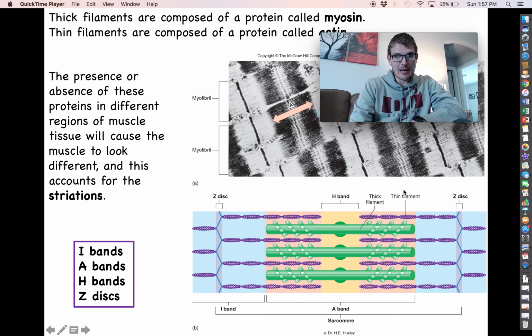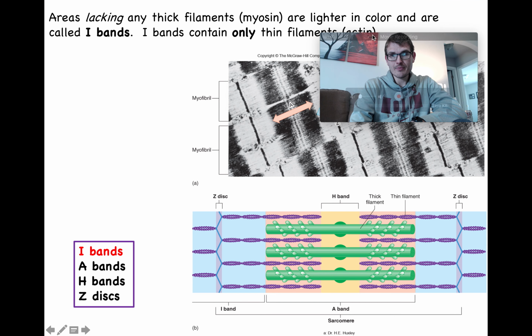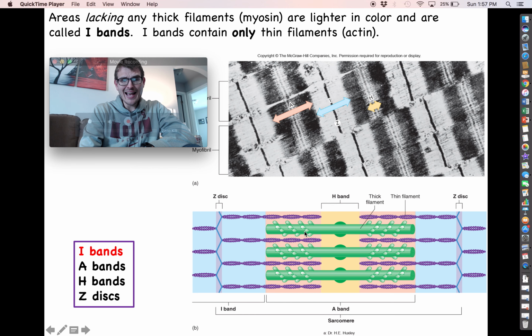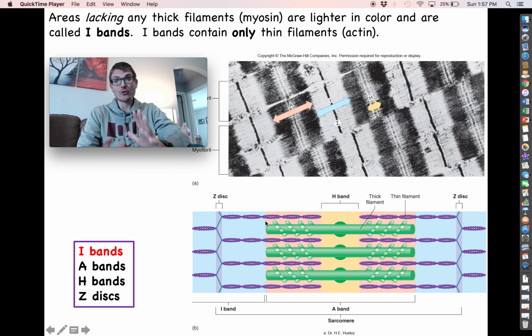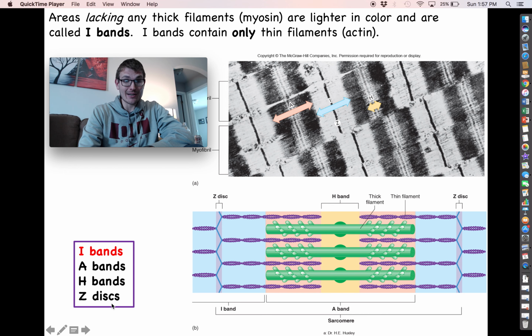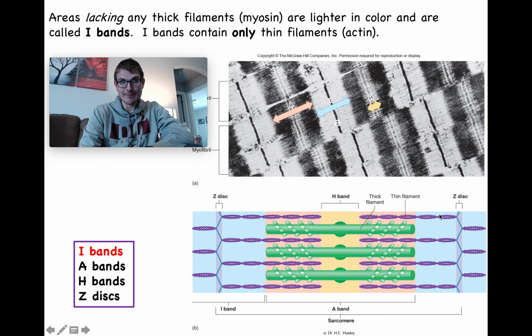If you see an area that lacks thick filaments altogether, meaning a region that only has thin filaments, we call that an I-band. So an I-band is this region here that only contains thin. Everything here is not an I-band, and then there's your next I-band right there.